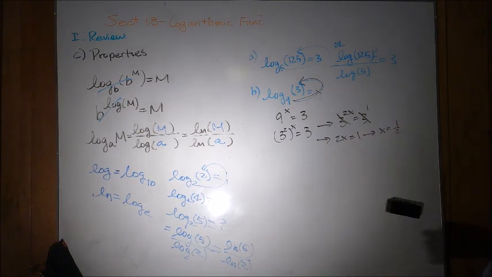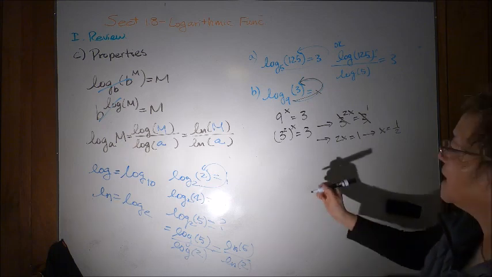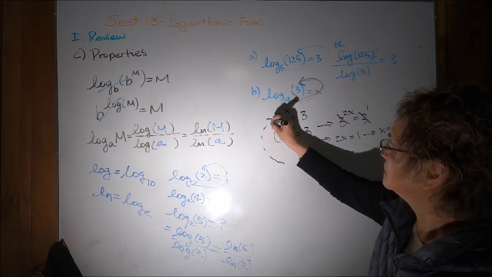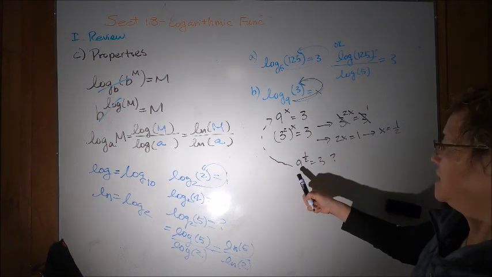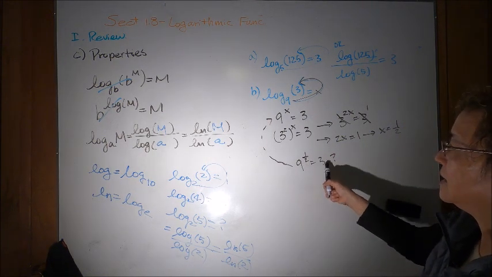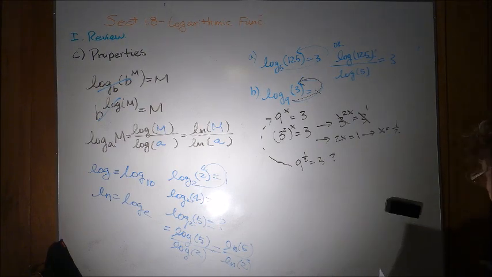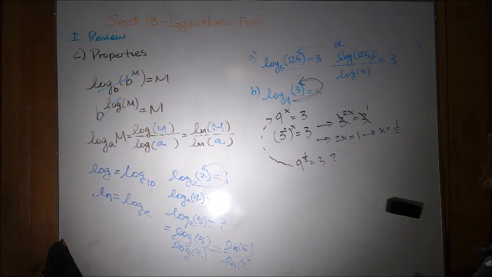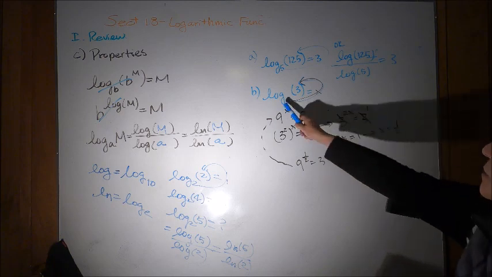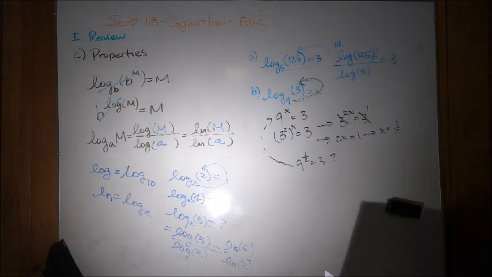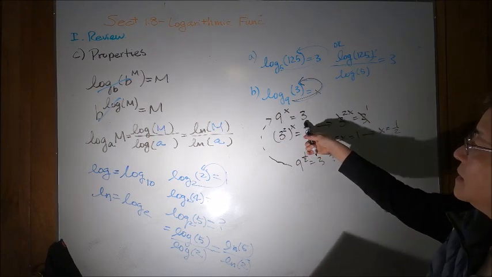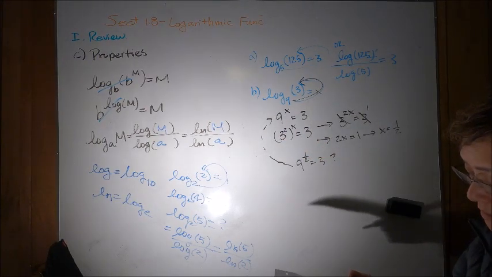Half. And to check, is 9 to the half power 3? Yes. Square root of 9 is 3. That's how we find the value of the log: we use x, then change it to an exponential equation.